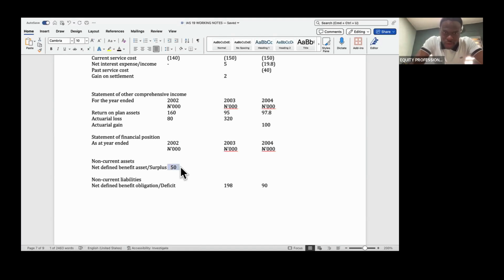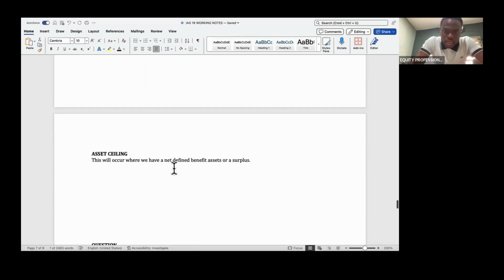Where after we did all our workings, we're now having a net defined benefit asset or a surplus. So there's something we call asset ceiling, okay? And what this is talking about is that this asset ceiling is to ensure that the surplus that is recognized is not overstated.